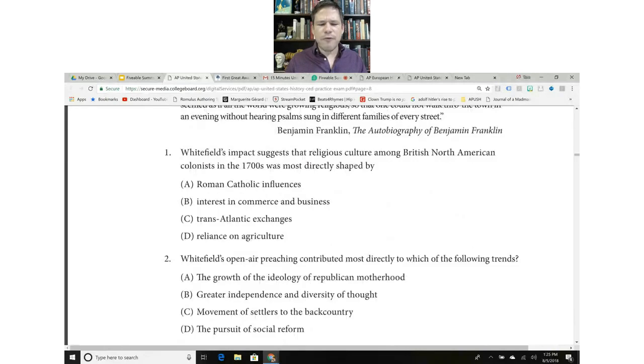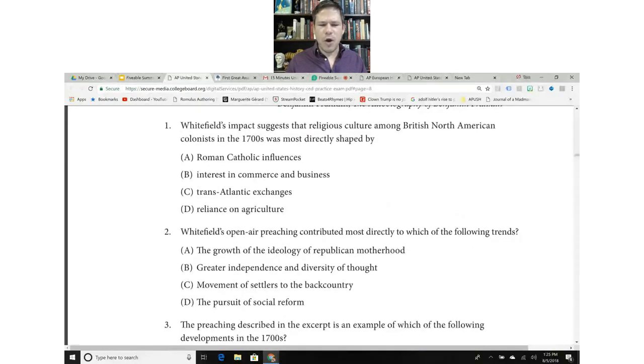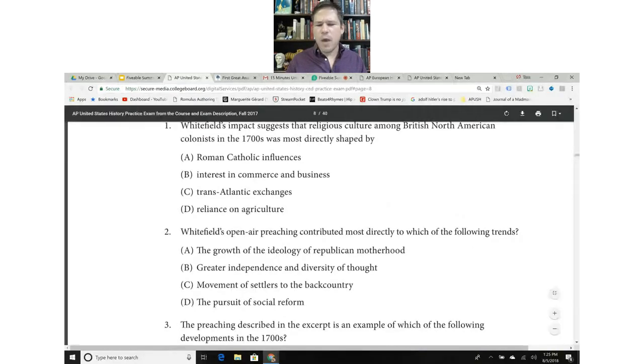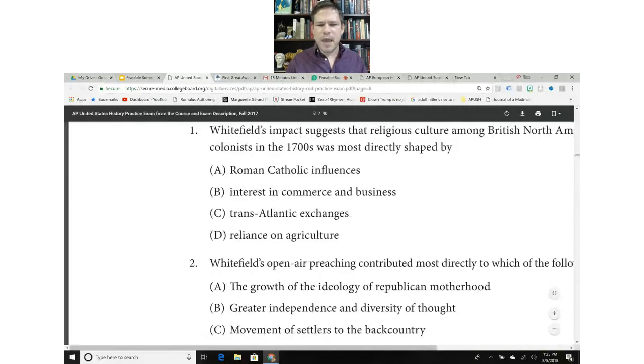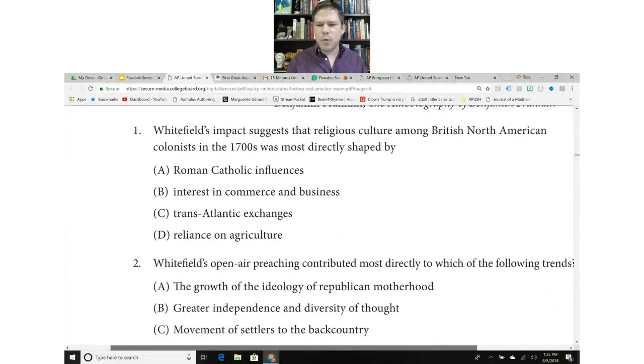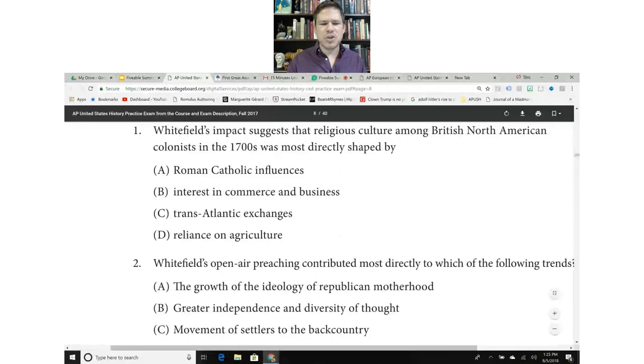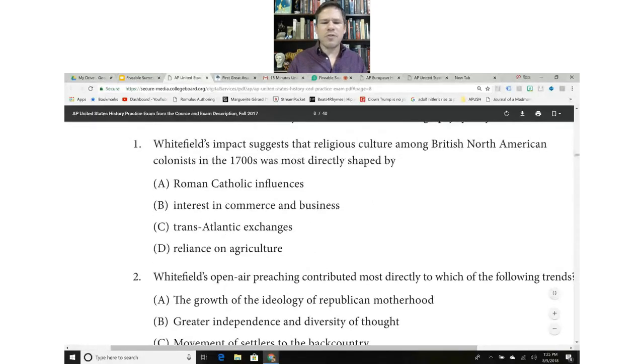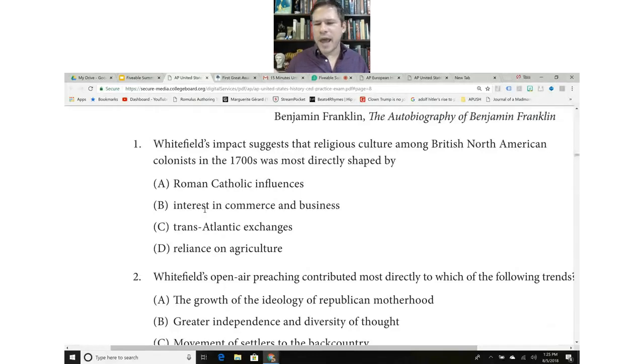All right. So as far as what we see here on question 1, okay, so Whitfield's impact suggests that the religious culture among British North American colonists in the 1700s was most directly shaped by... Now, the thing is, I don't really need to look at the stimulus in order to know this. Now, Roman Catholic influences.